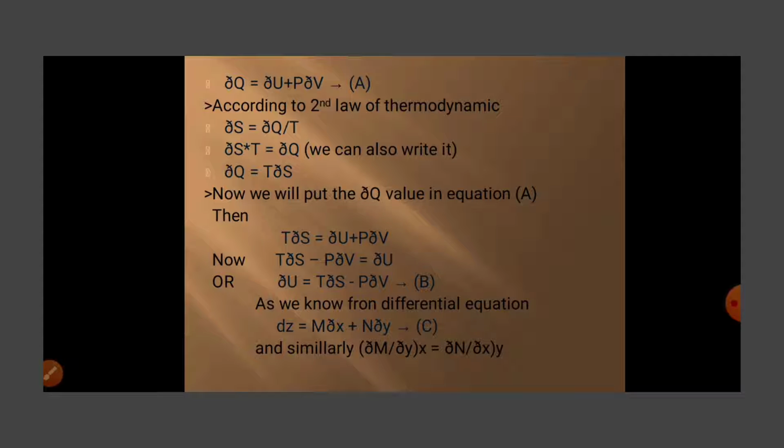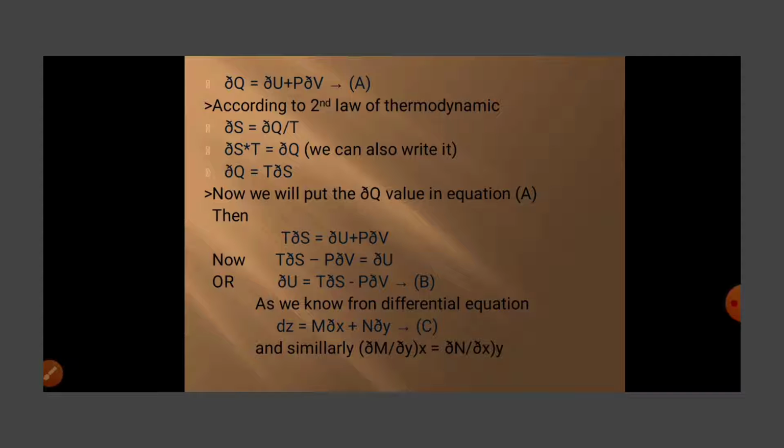If we want to calculate the dU value, the P dV is positive on the right side, so after moving it to the left side its sign will be negative. So dU becomes T dS minus P dV. We can write this as equation B.